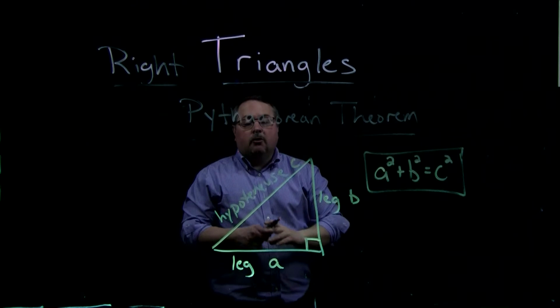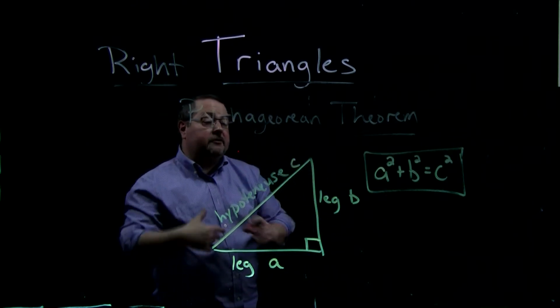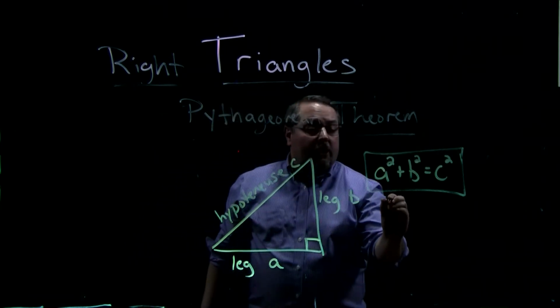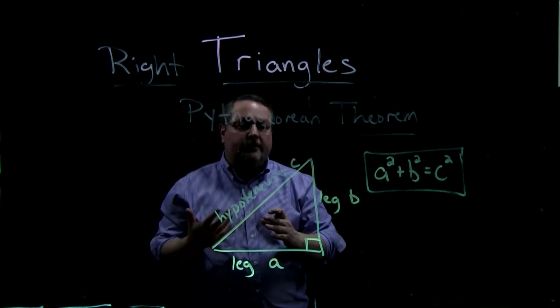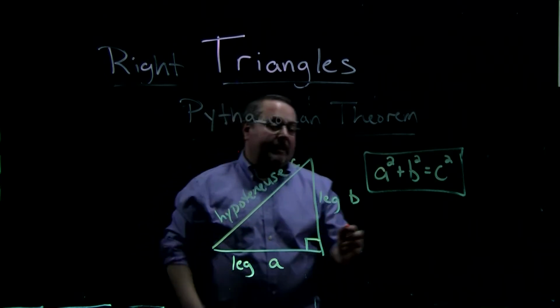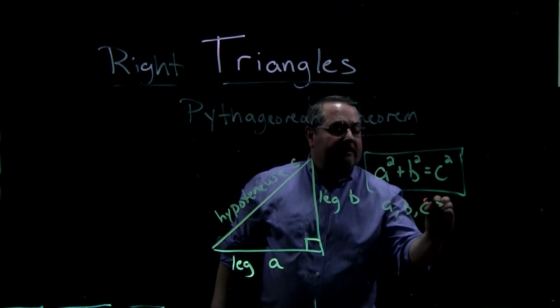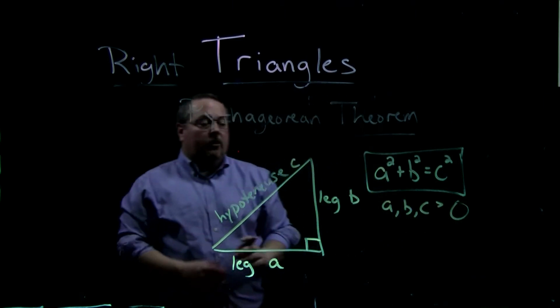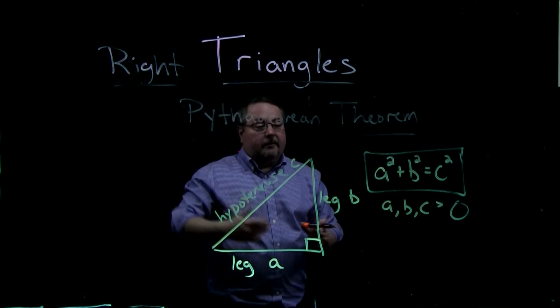Okay. And when we're working with triangles, the lengths of these sides are going to be positive numbers. So keep in mind when you're solving this equation, you're going to have to take square roots, and when you're taking square roots, there's always the question of whether you are taking the positive or the negative square root. Well, in this case, A, B, and C in this right triangle are all going to be positive numbers because these are lengths.